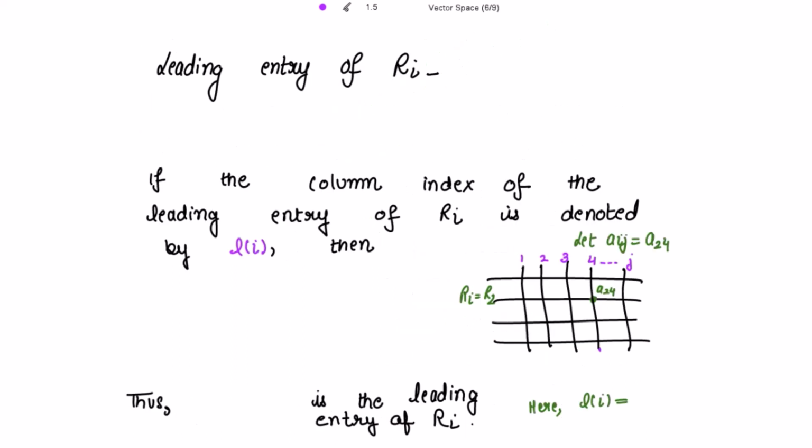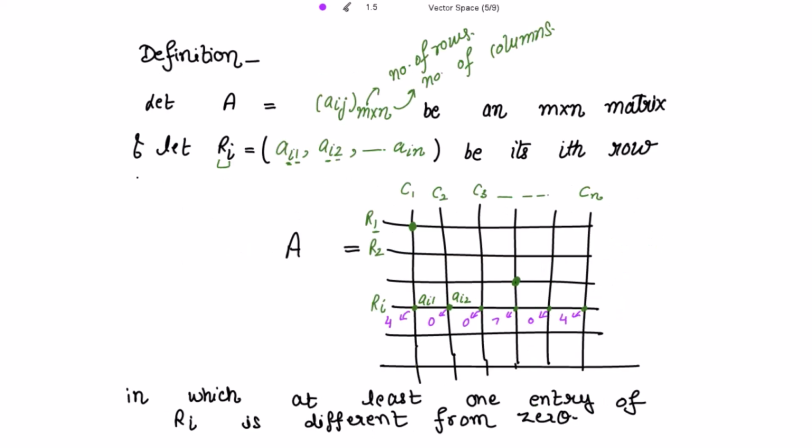Then, what is the leading entry of Ri? It is the first non-zero element. If you get the first non-zero entry in the ith row, then this entry will be your leading entry.